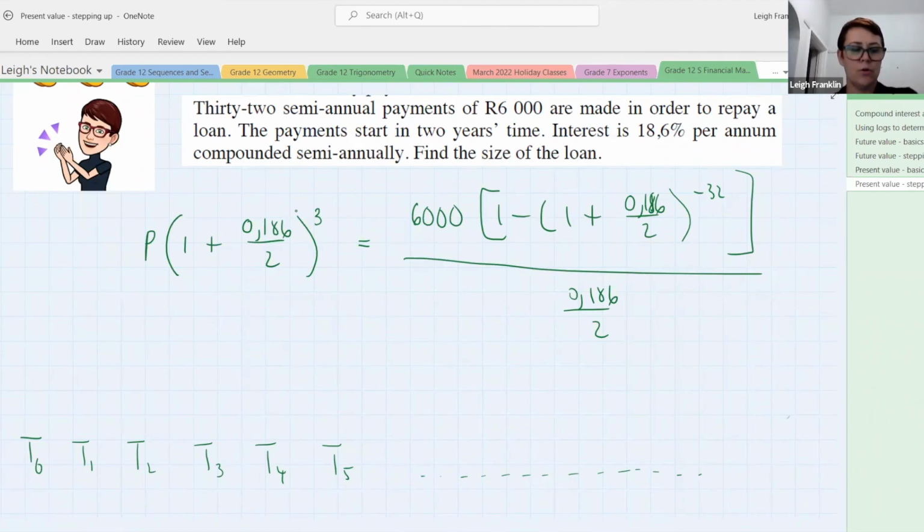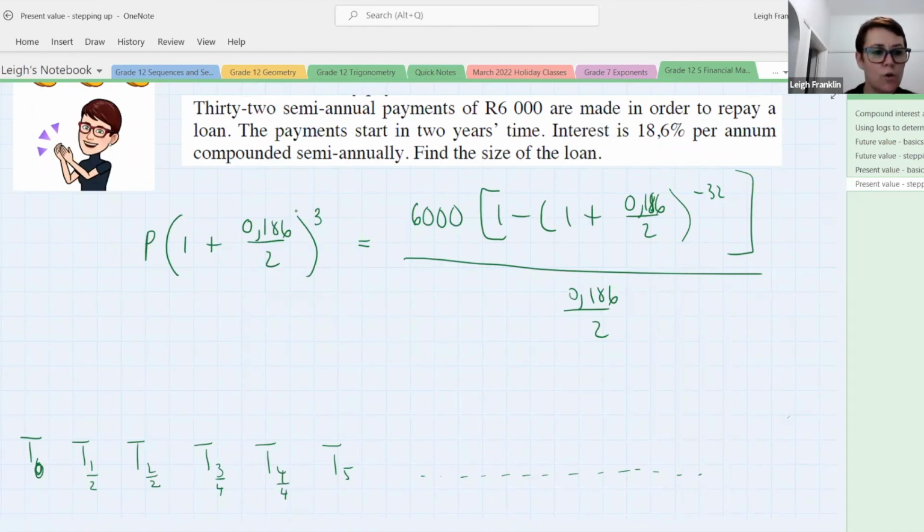Okay, so the payments start in 2 years' time. Okay, but now the gap would be 1.5 year, wouldn't it? I wonder if that's maybe a better way to look at it.